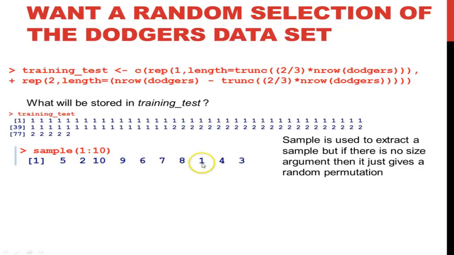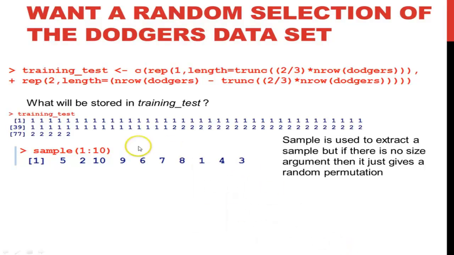So 1 is here, 2 is also here, 3 is here, 4 is here, 5 is here. All the numbers are here, but it's just been mixed up. So it's called a permutation of this vector. A permutation is just a rearrangement of the elements in the vector.